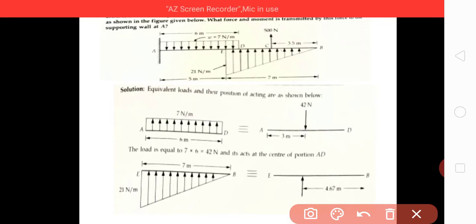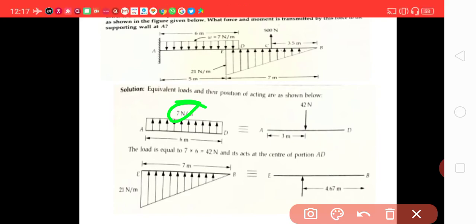If you can recollect, the load is given as 7 Newton per meter length. This total length is 6 meter. It means there will be 6 into 7, 42 Newton load in total on this portion between A and D.